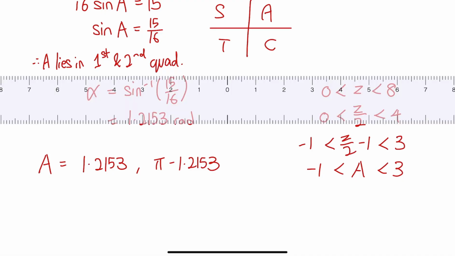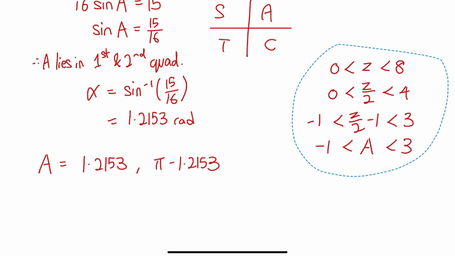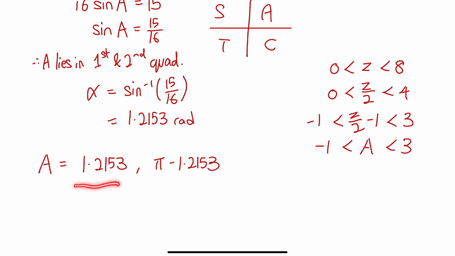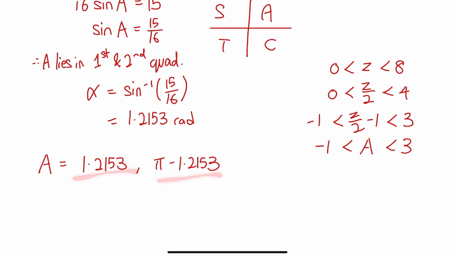Why do I need to do this? Because I want to check the range of values for a that will satisfy the original inequality given to us. My values of a here are indeed between negative 1 and 3. If I add 2 pi or minus 2 pi, all the other additional answers are out of the range already. So for this question, I just need to consider these two answers. There's no need to add or subtract any cycles to find more solutions for a.